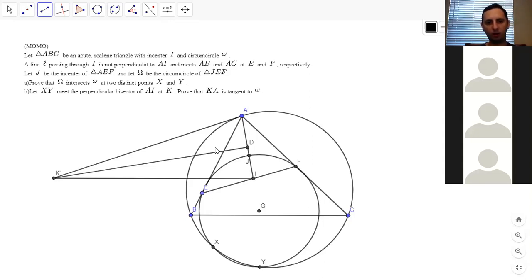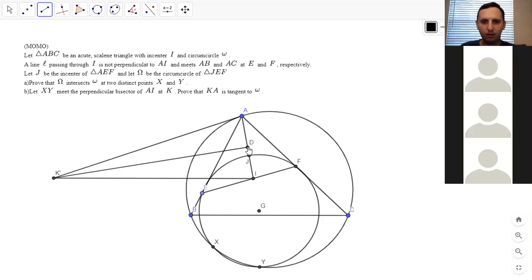Okay. But the radical axis of the three circles. Okay, wait. So you call D the midpoint of AI, right? Yes.